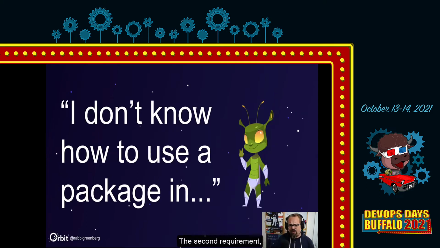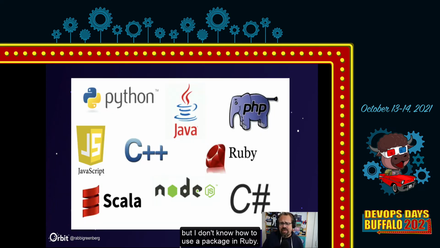The second requirement, and this is from the user perspective, is, let's say I write a Ruby gem, and I have written Ruby gems for Orbit, and I write a Ruby gem for Orbit for some tooling, and the user says, that's lovely, but I don't know how to use a package in Ruby. I like to use packages, I like to use Node packages, or I'm a PHP developer, or I write in Python, and it's all well and good that you wrote this in Ruby, but I don't know Ruby.